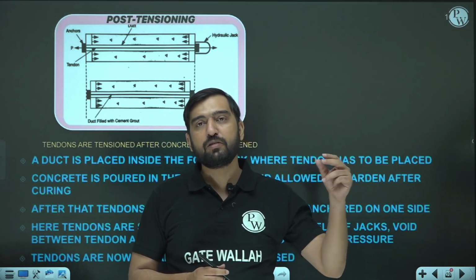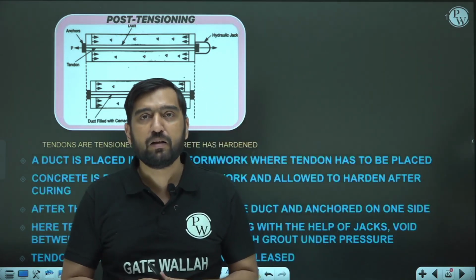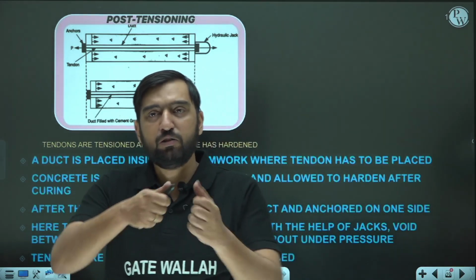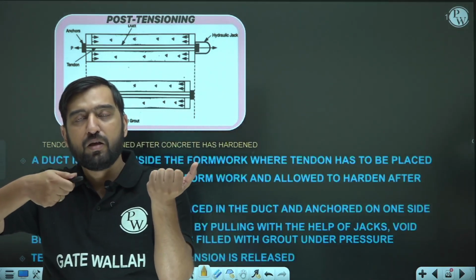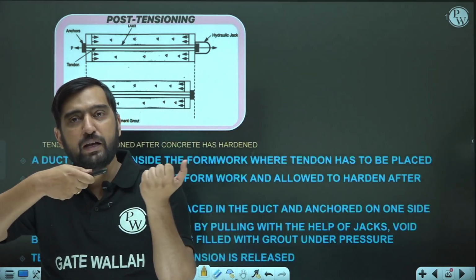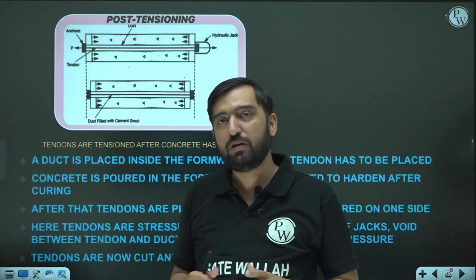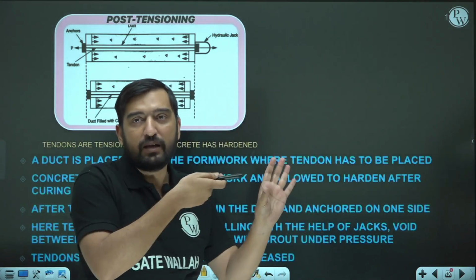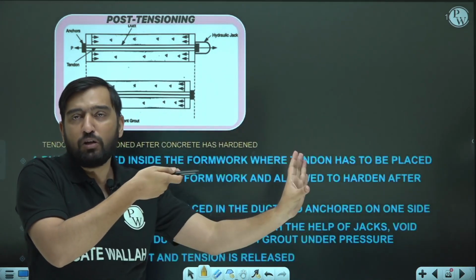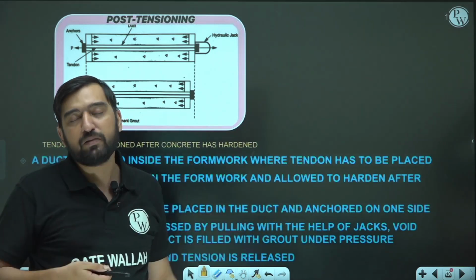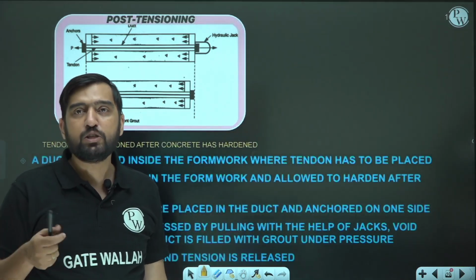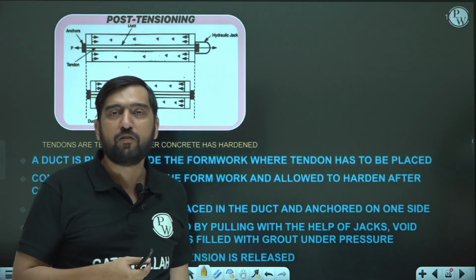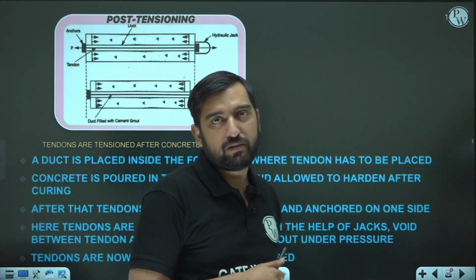You are going to insert steel wires through those ducts, and then you are going to pull it. You can do the pulling either from one end or from both ends. Okay, so by pulling the wire and giving reaction to the concrete, we are compressing it. Okay, and eventually we are going to anchor our ends with the help of anchors.